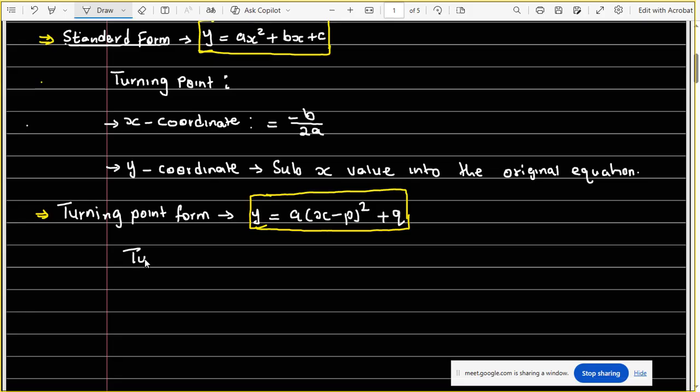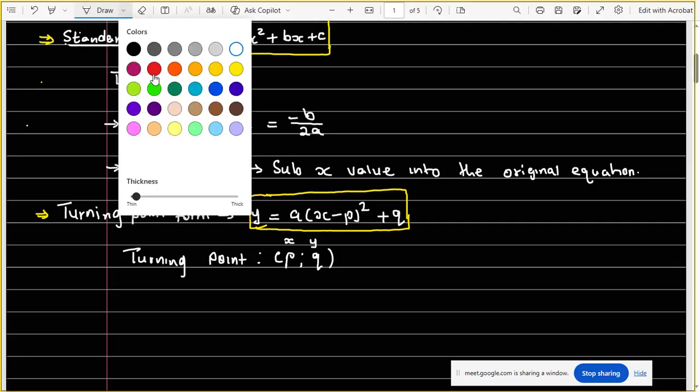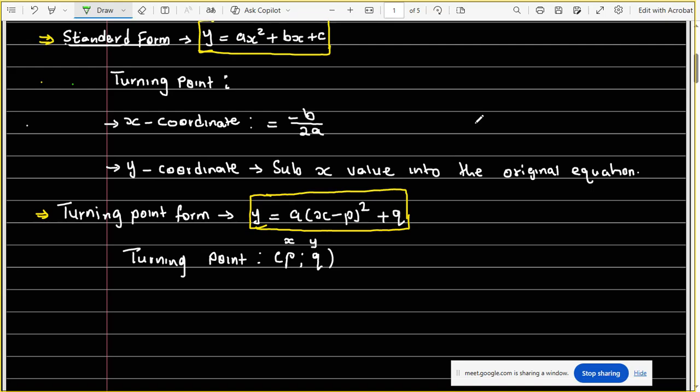Your turning point will be the value of p and the value of q. So p will be your x and q will be your y value for the turning point. Are you happy with that? Yes, sir.